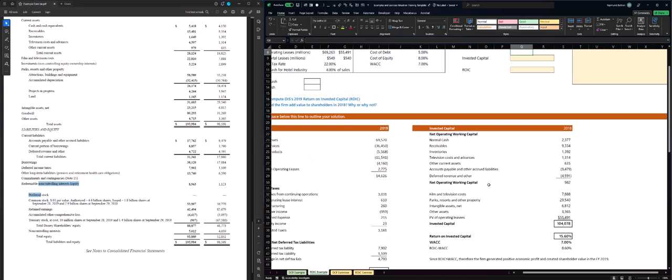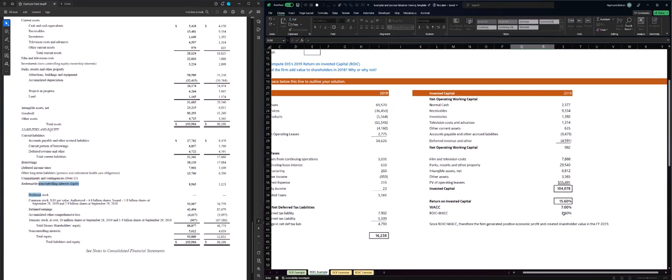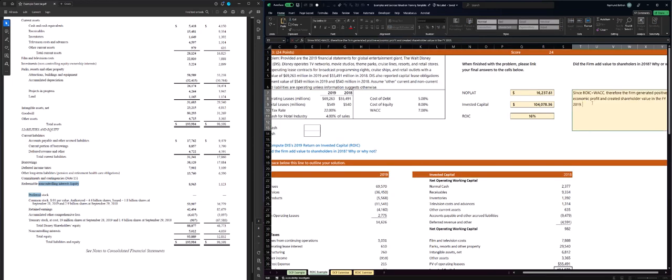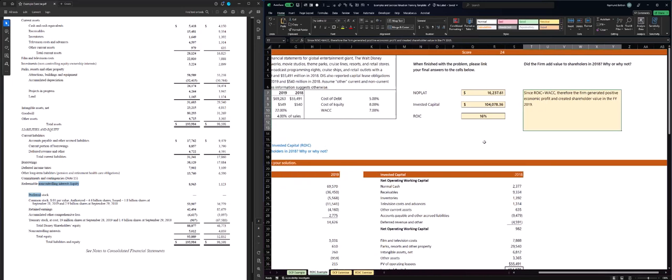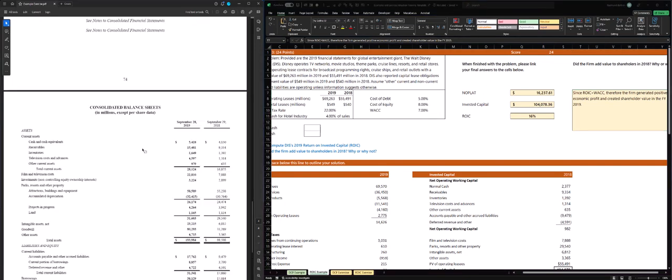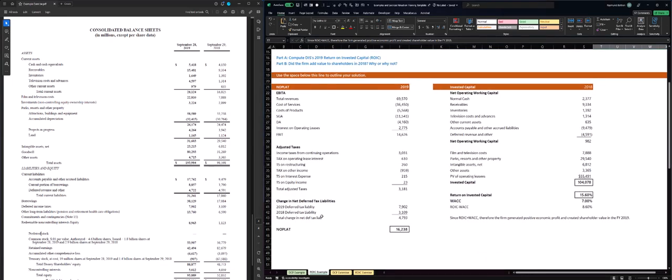I should have done that. Invested capital would be this, ROIC, and then my little essay. Not really an essay, it's just a sentence. There we go. Hopefully that helps. And we actually used Disney's balance sheet and income statement. So it doesn't necessarily is hard.